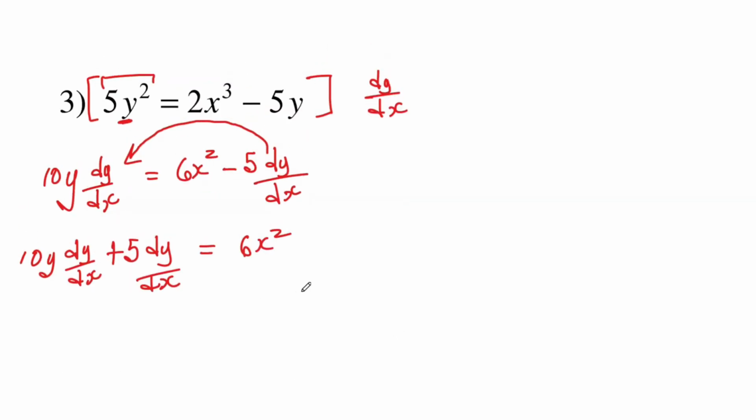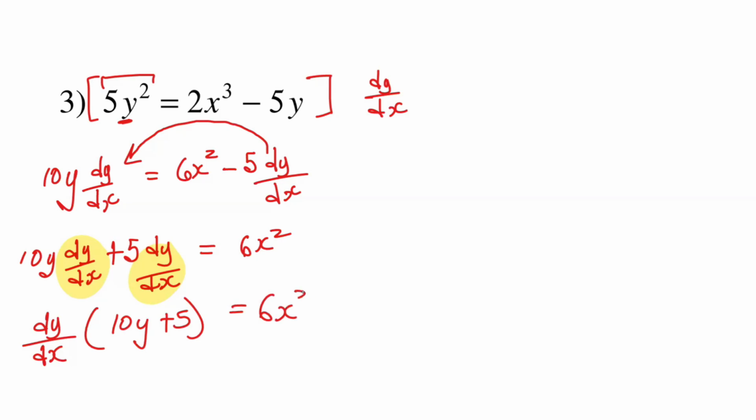Now, at this time, what I can do is factor out dy/dx. If I factor out dy/dx, I'm left with 10y plus 5, and this is equal to 6x squared. Now, at this moment, I definitely can divide both sides by 10y plus 5. So I'm going to divide this by 10y plus 5. On the right side, it cancels itself.